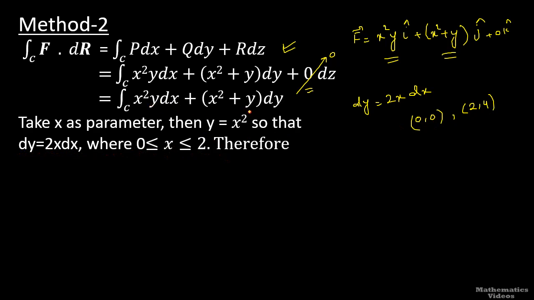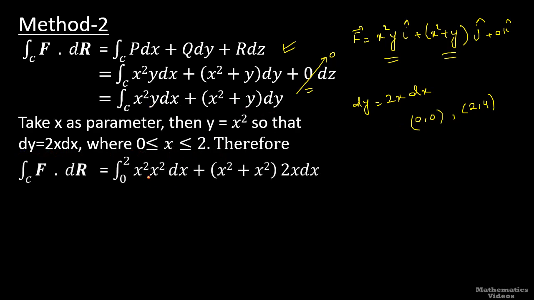Now the right hand side becomes x square remains as it is, and in place of y we have just x square, and then x square again remains as it is, and dx also remains as it is, and in place of y we have just x square, and dy is equal to 2x times dx. So hopefully this was very clear to you.